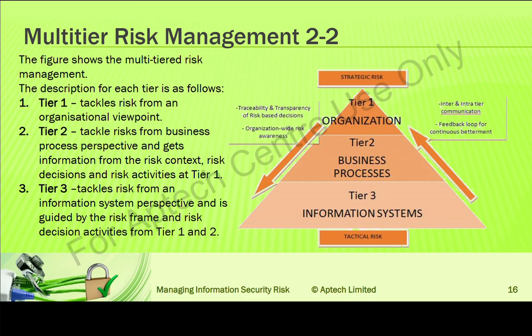Also, inter- and intra-tier communication and a feedback loop of continuous betterment. After they get all this information, that is when they draft their tactical risk: how they are going to implement this, what the measures are, and the policies they have to create to make sure this risk is mitigated.